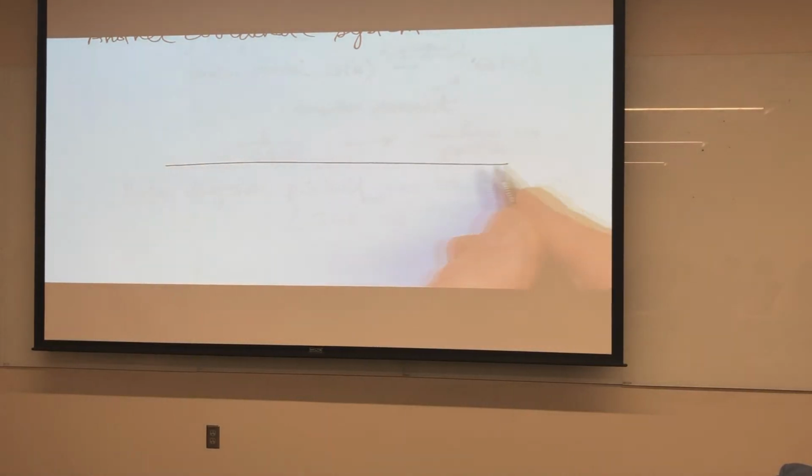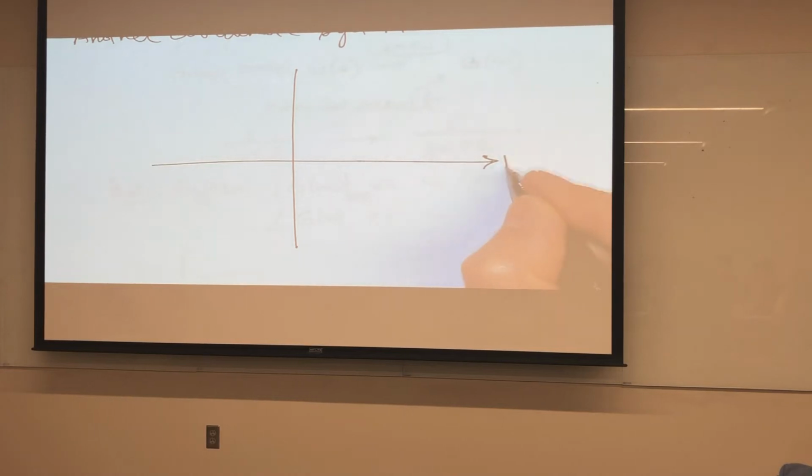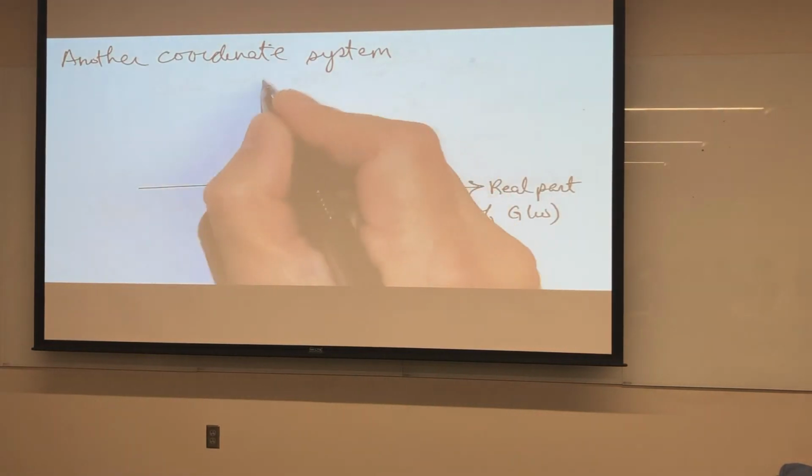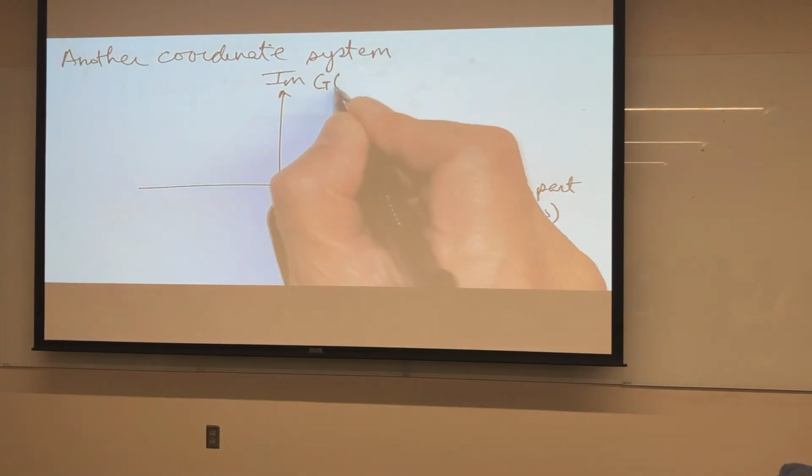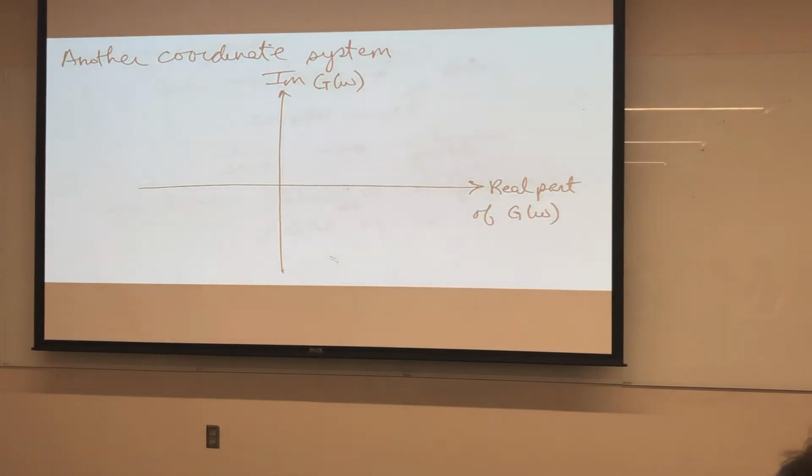On this axis, I could plot the real part of G of j omega, and on this axis, I'm going to plot the imaginary part of G of j omega.